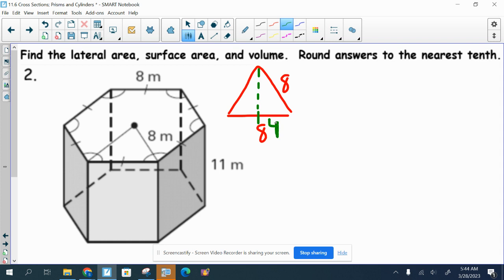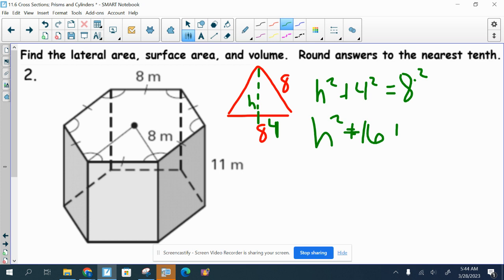So now we've got the case of the Pythagorean theorem here. So we're going to find little h. We'll do h squared plus 4 squared equals 8 squared. So that would be h squared plus 16 equals 64, minus 16 on both sides.